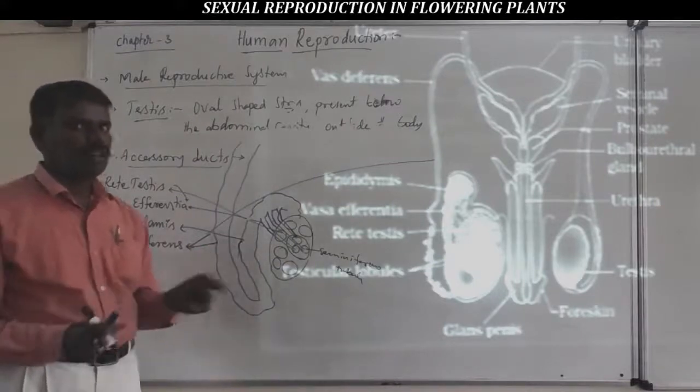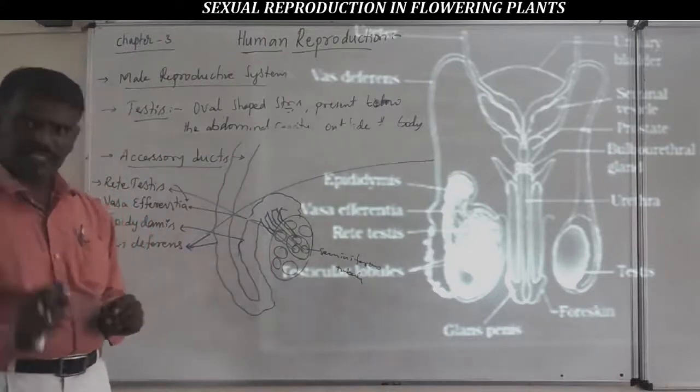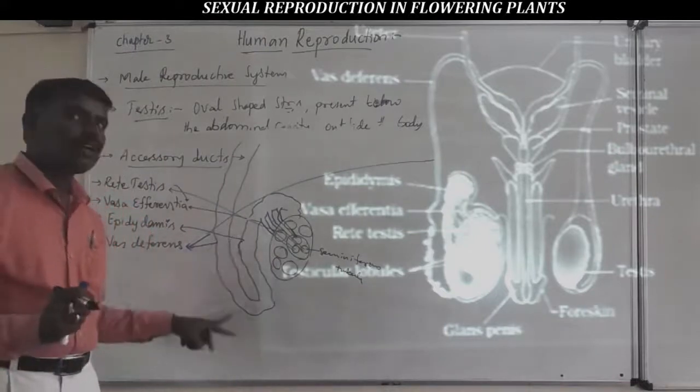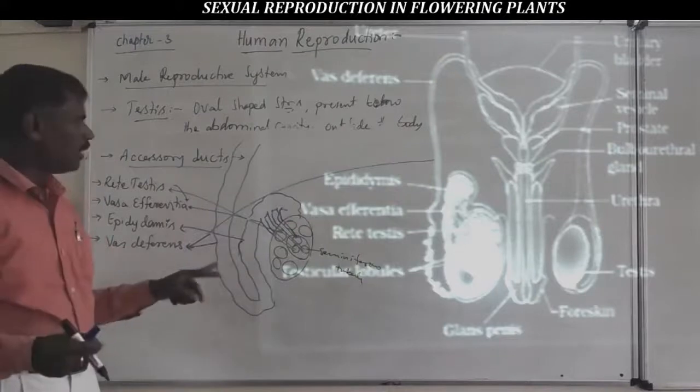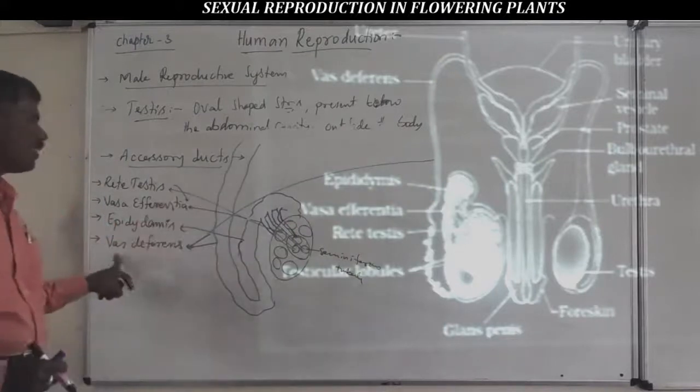The epididymis is present at the posterior portion of the testis. The epididymis is comma shaped, just like a comma, but it is highly coiled. The epididymis originates from the posterior portion of the testis and joins the ascending tube, the vas deferens.